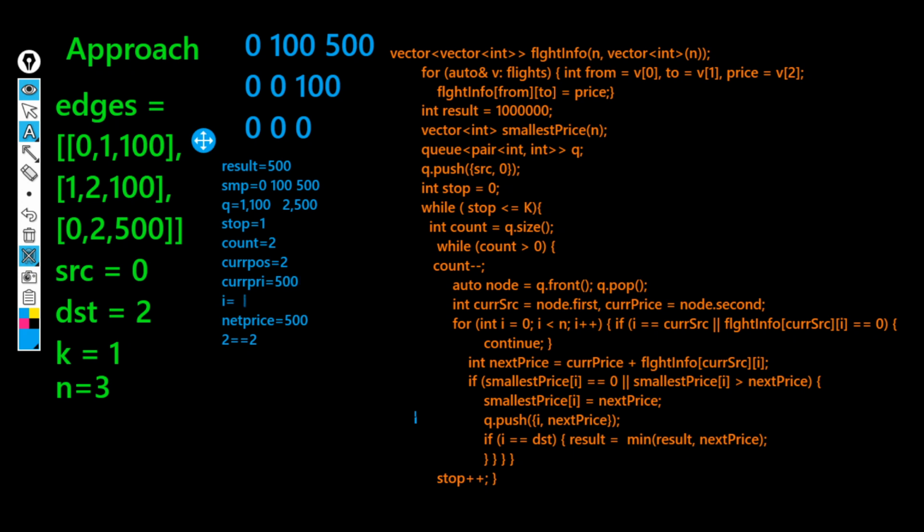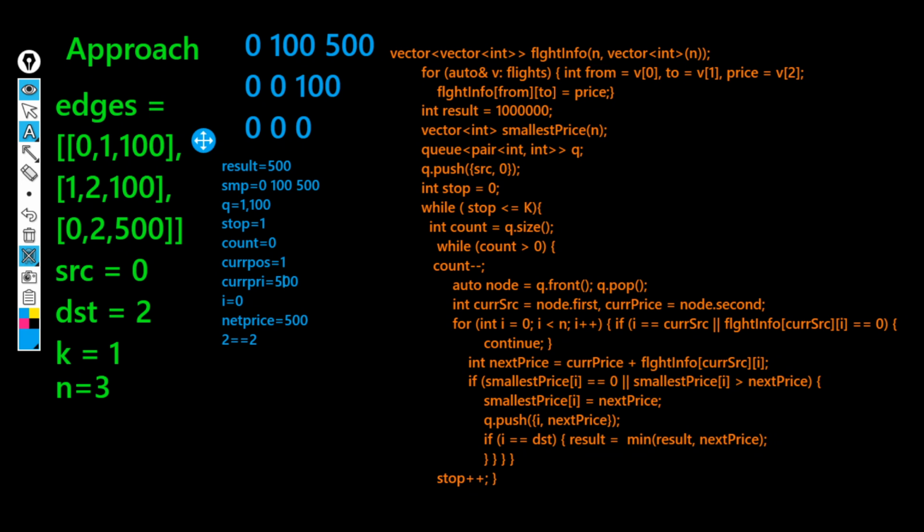Now if we iterate over all the values, it is 0 here. So at every loop this condition becomes true and nothing will happen with net price or current price. So till now, this q value will be popped and the value that remains will be 1,100.